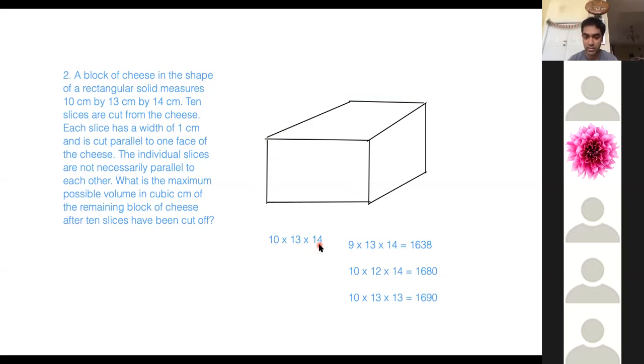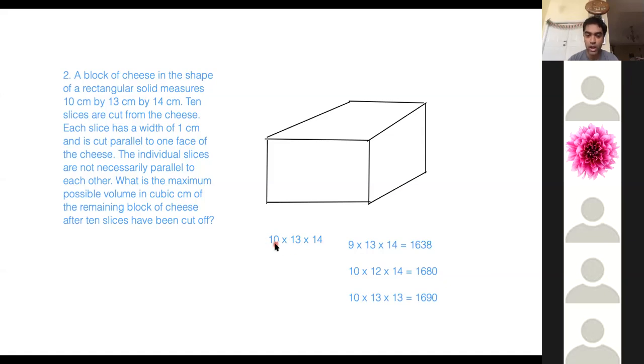Does that make sense? Yes. So I want to pick the one that makes the smallest, right? So I would pick 10 and 13. So which dimension would I drop by 1? Can you repeat it? Sure.